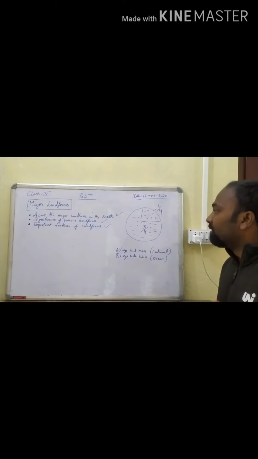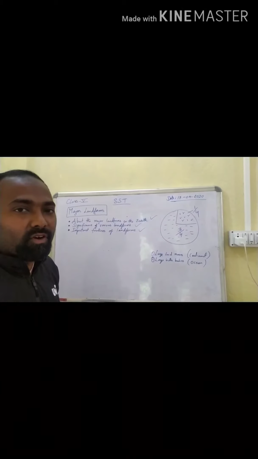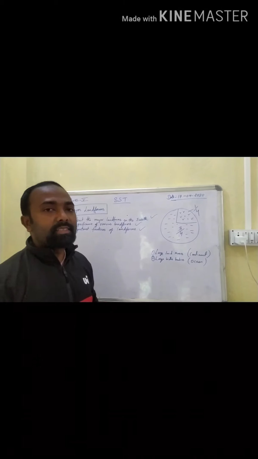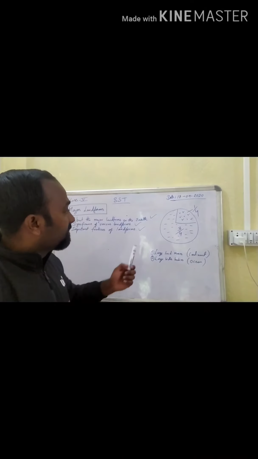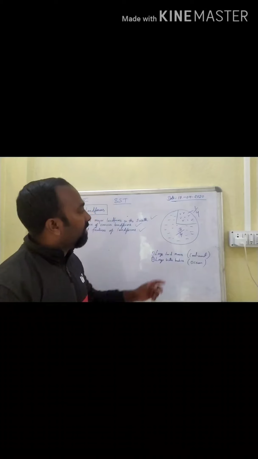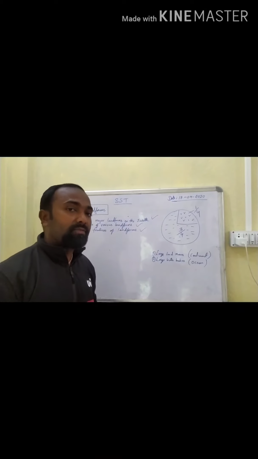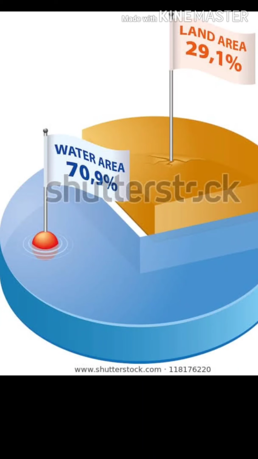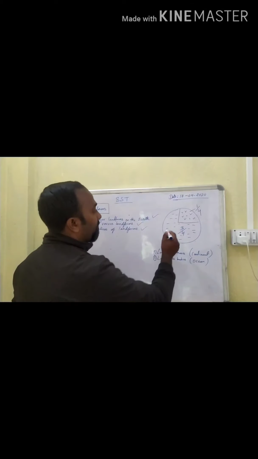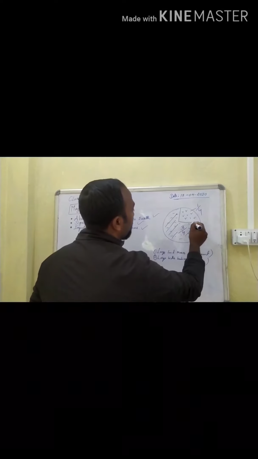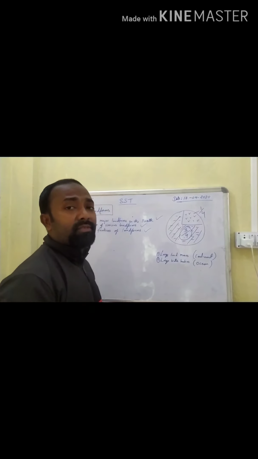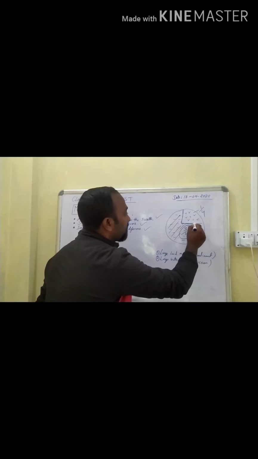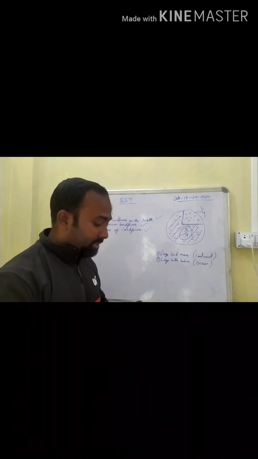As we are talking about the major landforms, let us see what the earth's surface is made up of. In this picture you can see that three-fourth part of the earth is made up of water and only 1/4 part of the earth is land. I have represented this portion here.